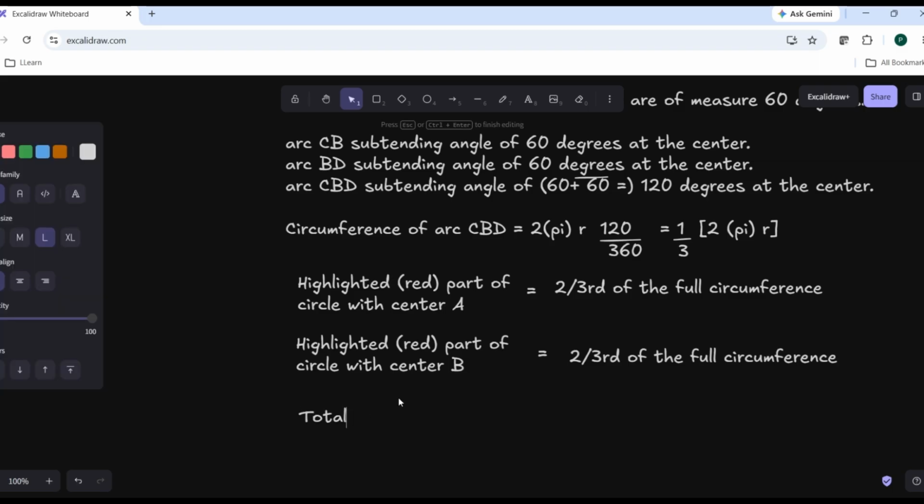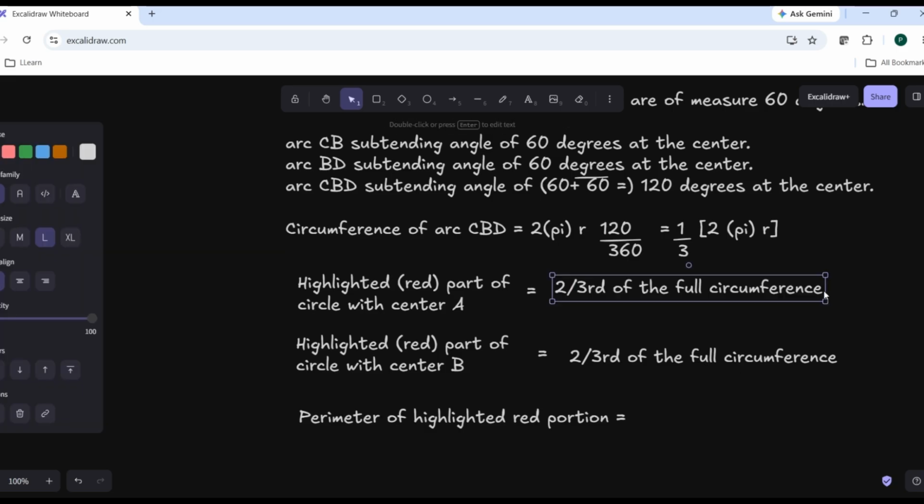We'll say the perimeter of the highlighted red portion will be 2/3 plus 2/3 of the full circumference, so it will be 2/3 of 2 pi r.